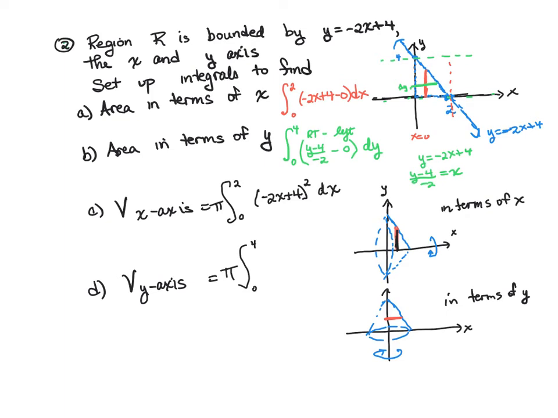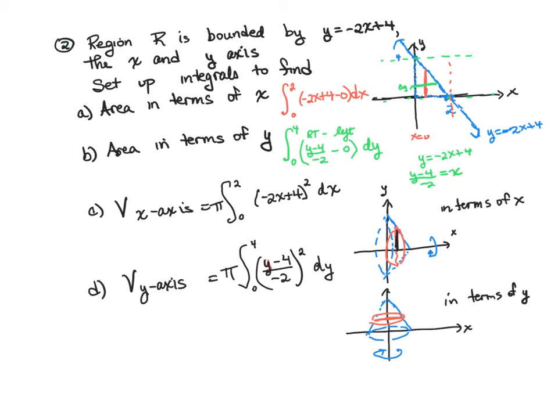And in the same way, if we revolve around the y-axis, the height of this horizontal rectangle, which is the radius of any such disk, so let me just draw the disk in here, would be this horizontal distance, which is what we found when we solved for x. So this would be the integral of (y minus 4) divided by negative 2, squared, dy. And that's it. So basically, with the disk method, this is what we have to remember.